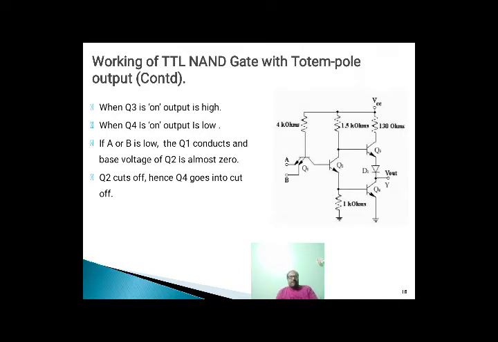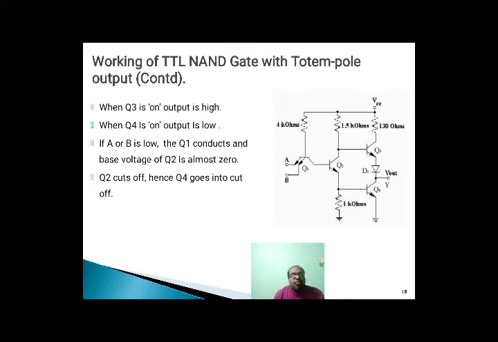Once I am repeating, when Q3 is on, output is high. When Q4 is on, output is low. If A or B is low, Q1 conducts and the base voltage of Q2 is almost 0, so Q2 goes to cutoff condition.